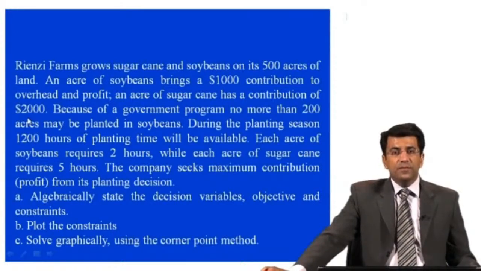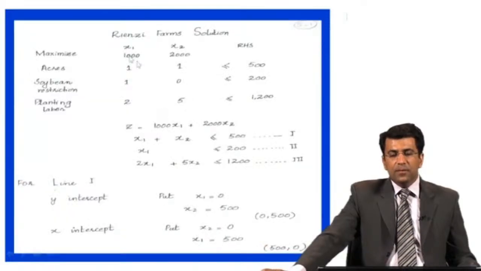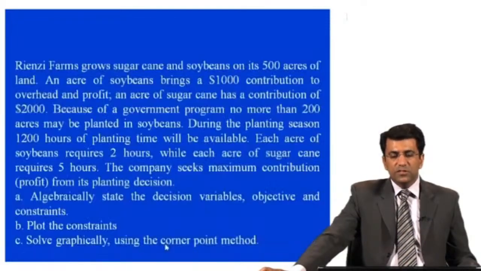If you represent the ideal quantity of soybean and sugarcane by x1, x2, then our profit function will be what? It will be 1000 x1 plus 2000 x2. So this is our profit function.